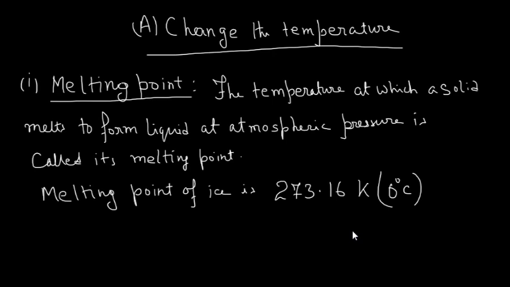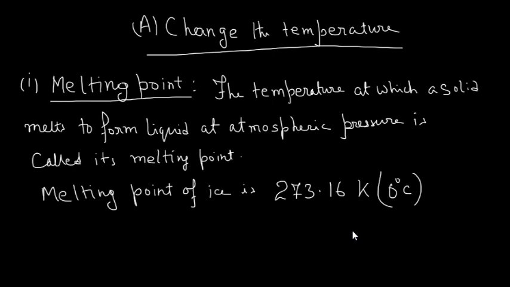So Kelvin is a different scale to measure temperature. So 0 degree centigrade is equal to 273.16 Kelvin, and this is the melting point of ice.